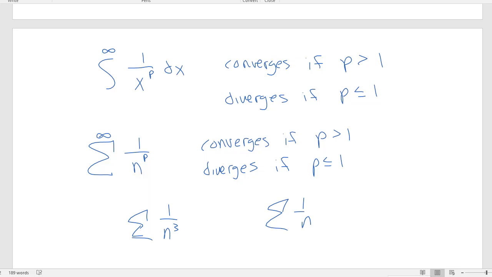These are both p-series, 1 over n to a power. The power is 3, which is greater than 1, so that is a convergent series, and we proved that with the integral test. In the other case, my power is 1, so because that's less than or equal to 1, it's diverging.